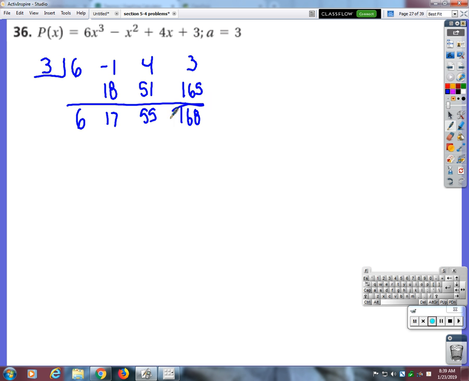So what we just figured out really quickly is if I went 6 times 3 cubed minus 3 squared plus 4 times 3 plus 3, you would get 168 as an answer. Okay, so yeah, exactly. You could do it this way. You've known how to do that for at least a couple of years now. They're just showing you a fun, interesting, weird thing that you can also do.